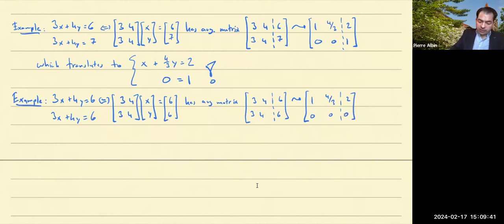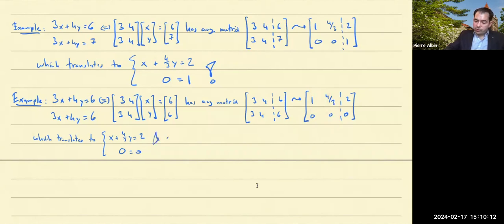This translates to x plus 4/3 y equals 2, and 0 equals 0. 0 equals 0 is perfectly fine. It doesn't give us any information, but it also doesn't give us a contradiction. So here the x is a pivot variable and the y is a free variable.